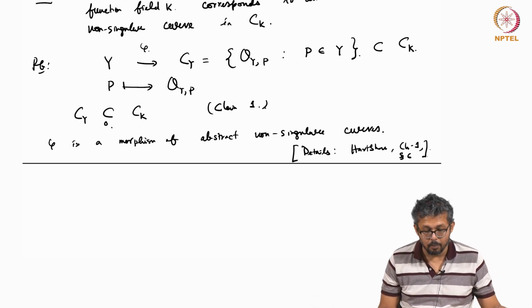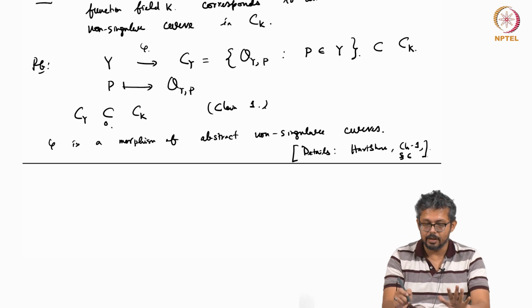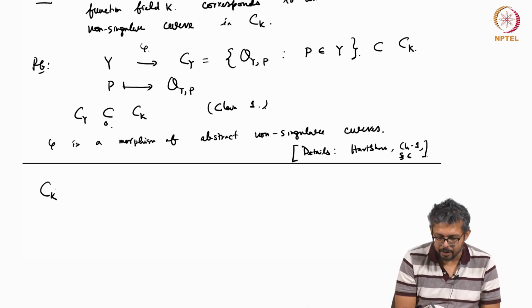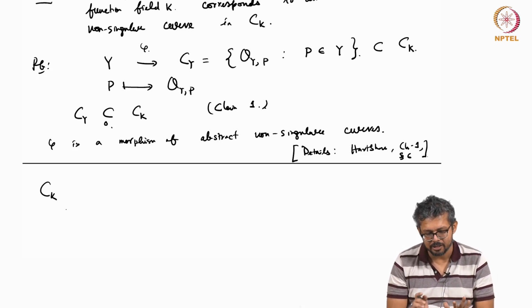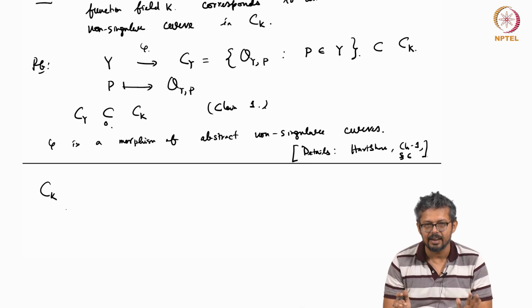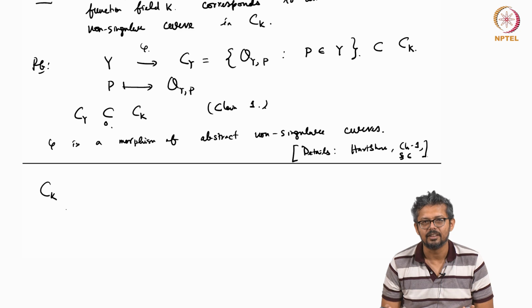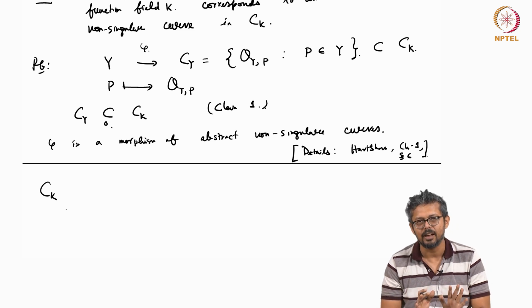Okay, so now the point is that in C_K, my abstract curves are all open subsets, but there is one special open set which is C_K itself. That should correspond to some curve, and that is my candidate of that projective curve.